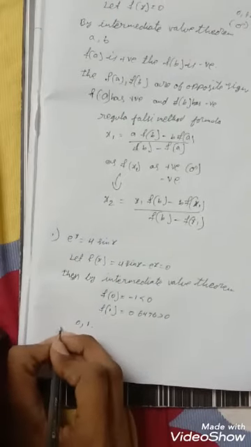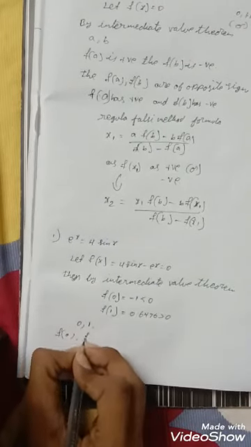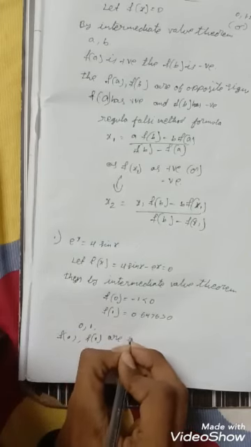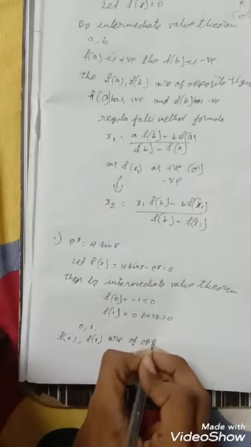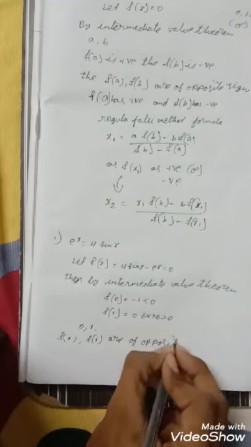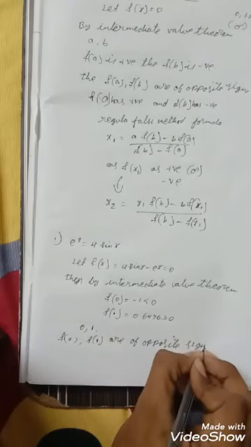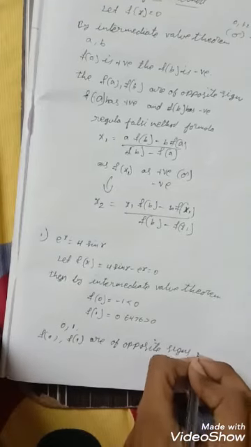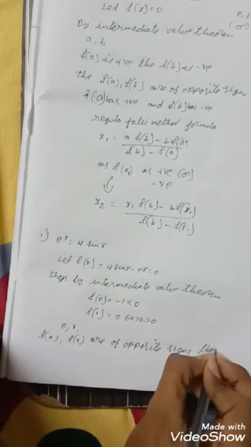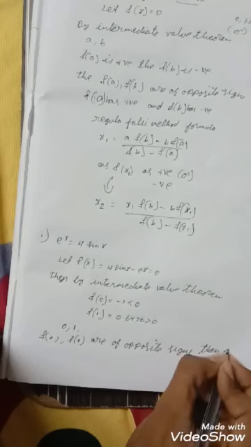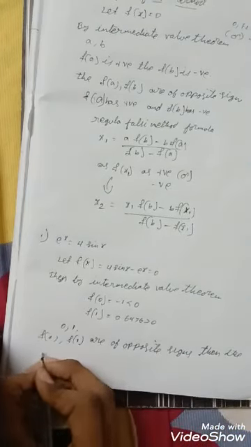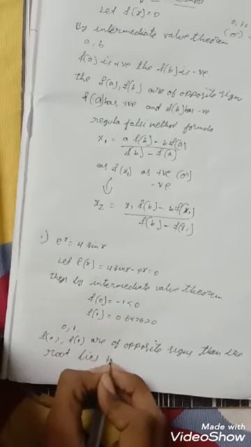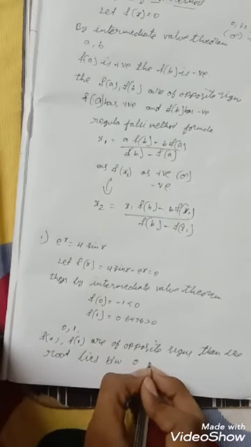Then f of 0 and f of 1 are of opposite sign, so the root lies between 0 and 1.